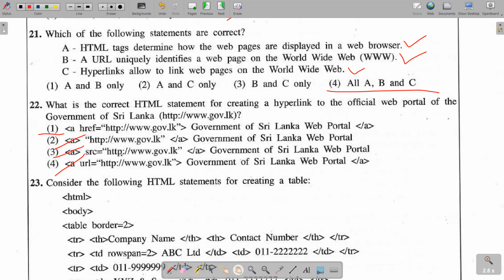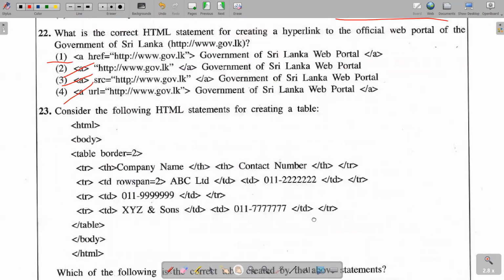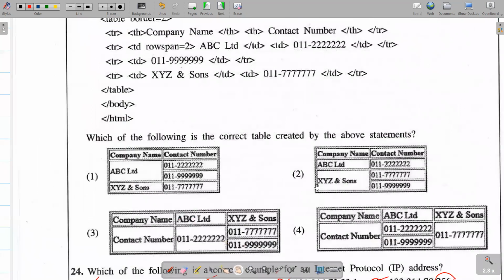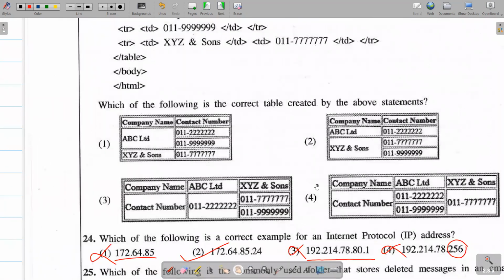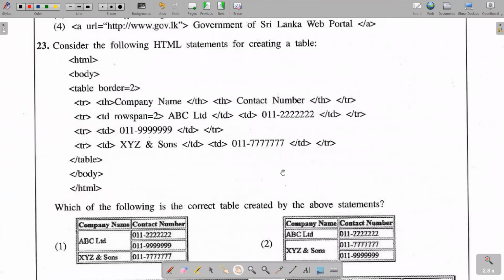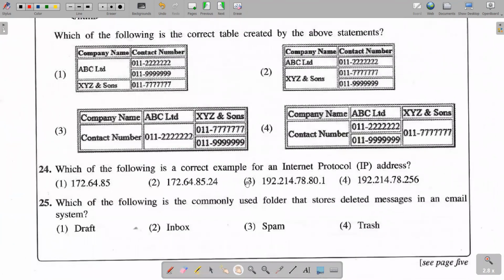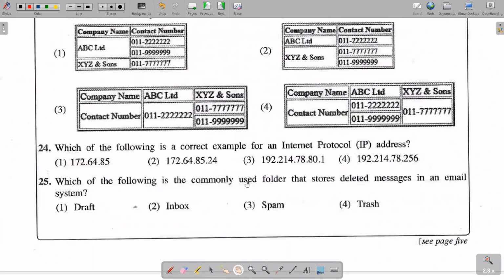Then 24. Which of the following is a correct example for an internet protocol address? In short terms, this is an IP address. So what's the nature of the IP address? An IP address has 4 decimal numbers.